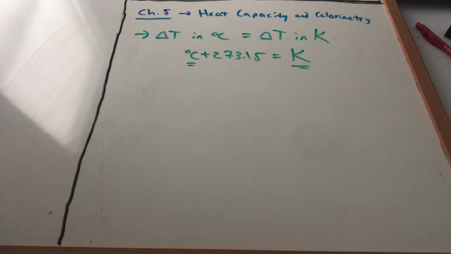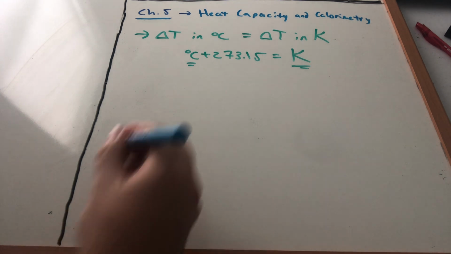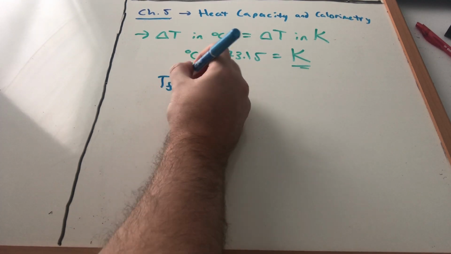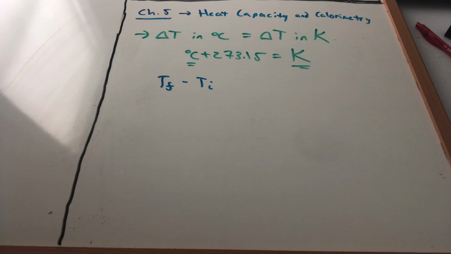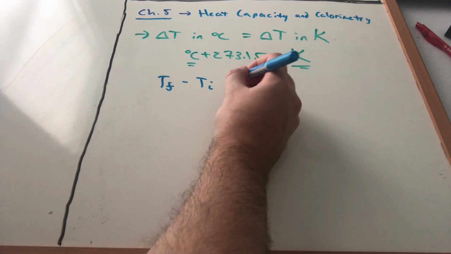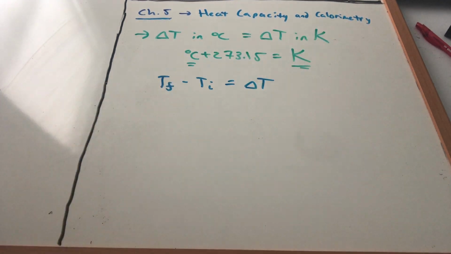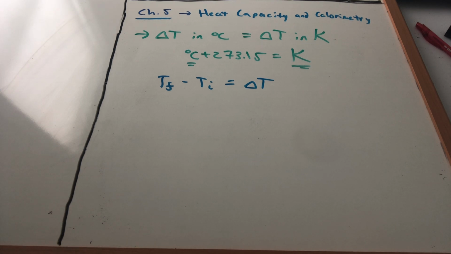They differ by 273.15. But what about delta T? So what happens if I have a T final minus a T initial, and I calculate this change, which is our delta T, for measurements in degrees Celsius versus measurements in Kelvin?